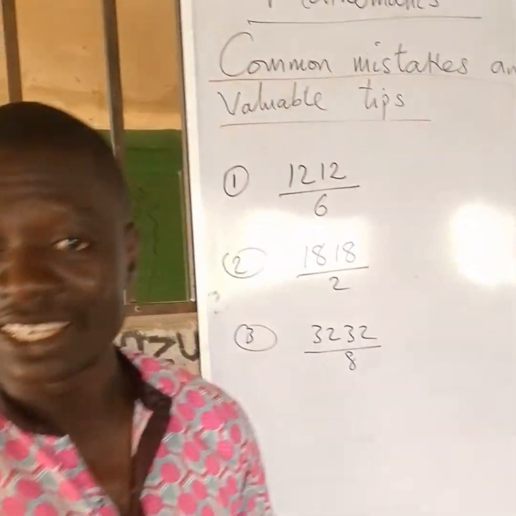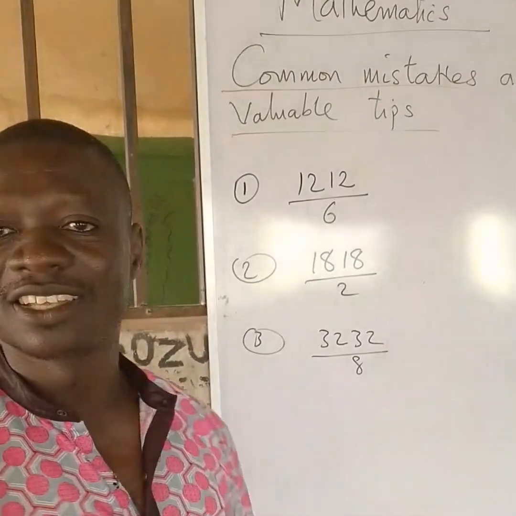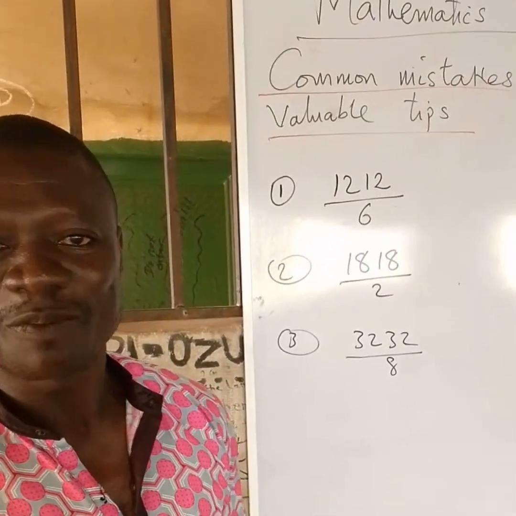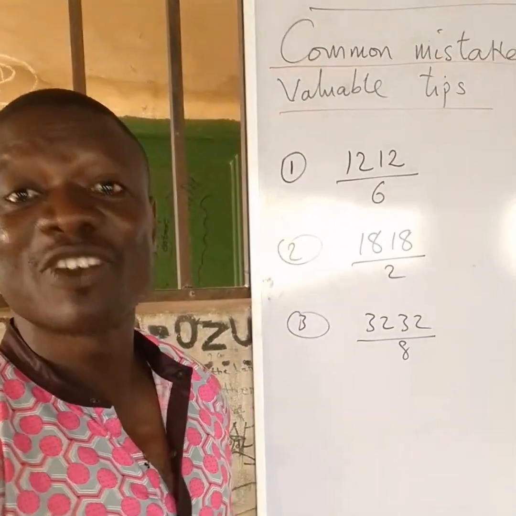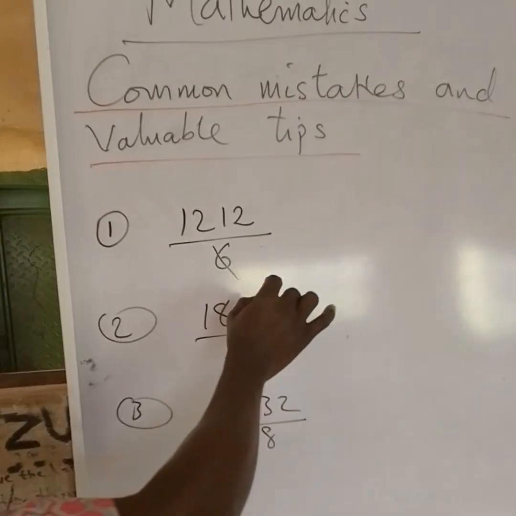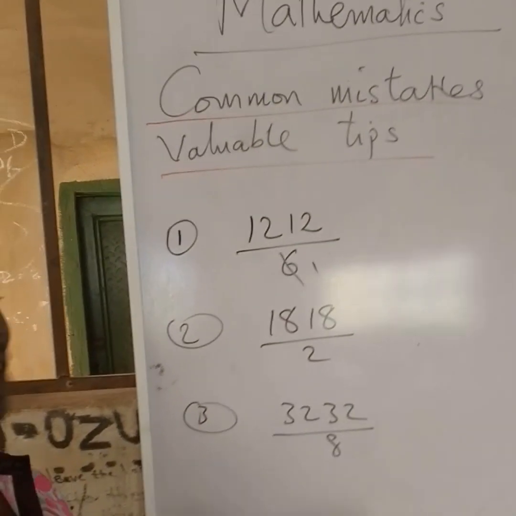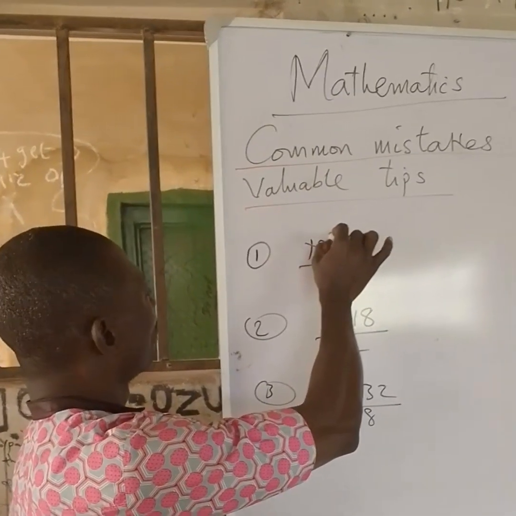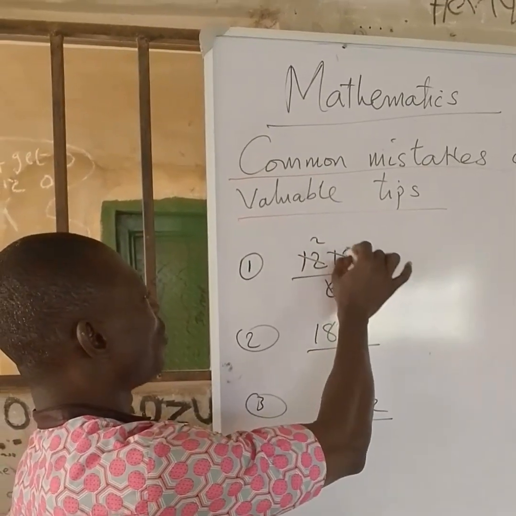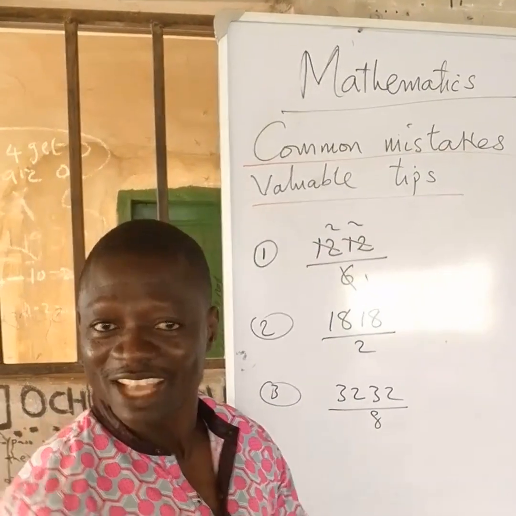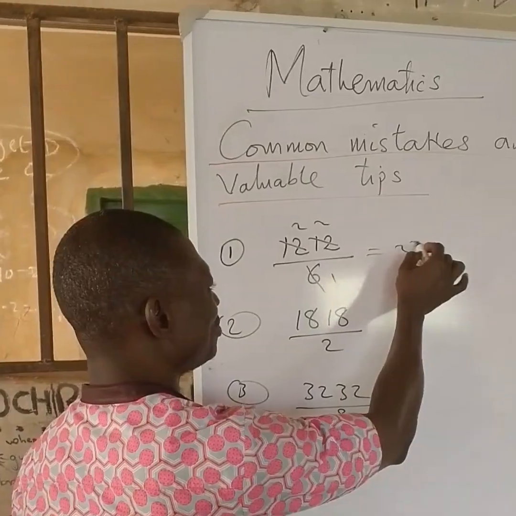What will come to mind when we have this? In number 1, somebody may just say, okay, the answer is very simple. 6 divides itself, 1; 6 divides 12, 2; 6 divides 12, 2. And so the person may be tempted to say that the answer is 22.